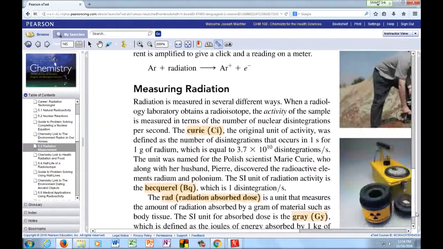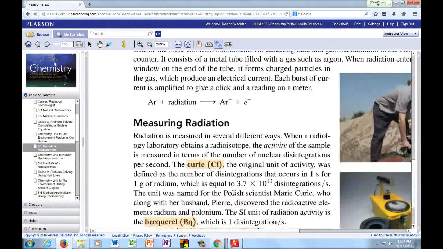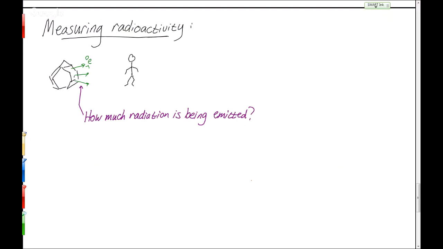The main ones are the Curie and the Becquerel, and they both measure disintegrations per second. In other words, how many nuclei are disintegrating or decaying per second, because each one that does is emitting a particle. So that has a direct relationship with the amount of particles that are coming out.